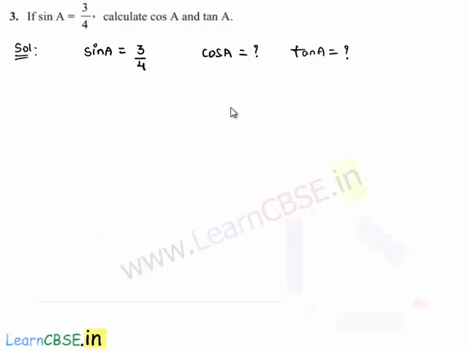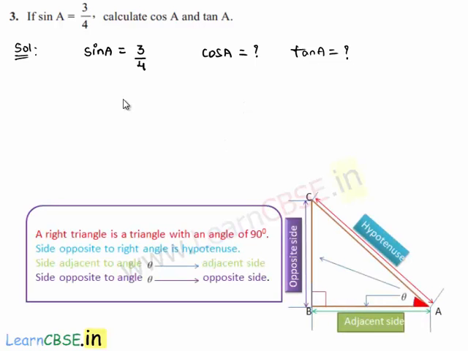For this, let us consider a right angle triangle ABC, which is right angled at B, and angle A and C are also angles of the triangle ABC. Here he has given that sine A is equal to 3 by 4.